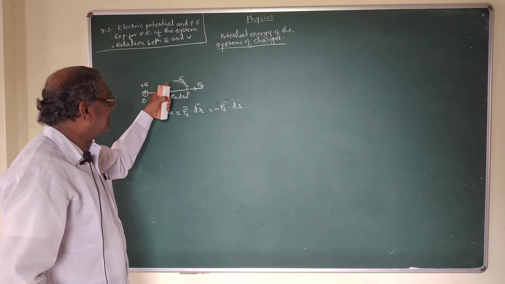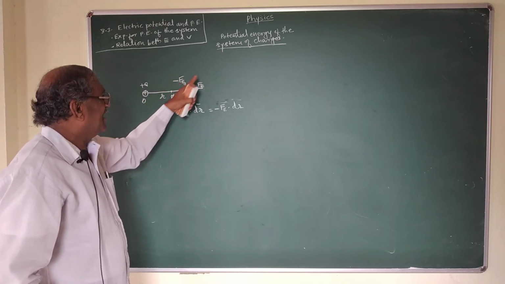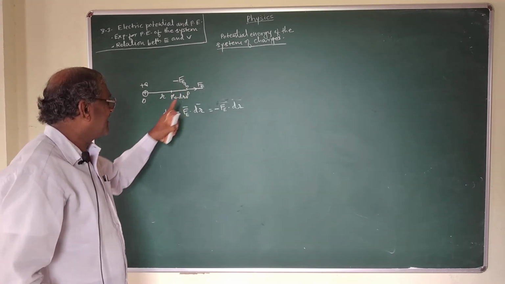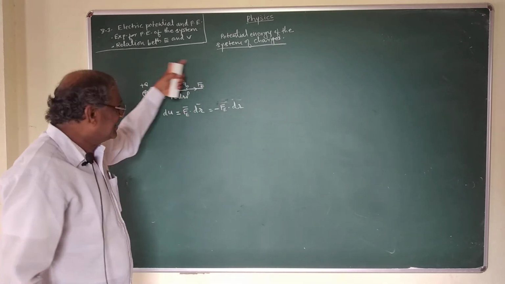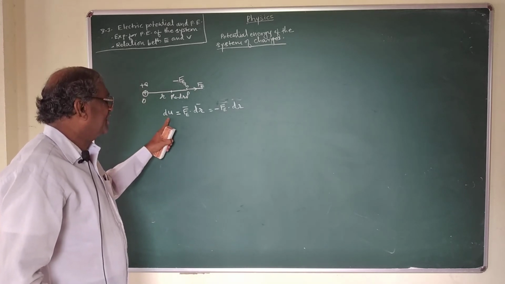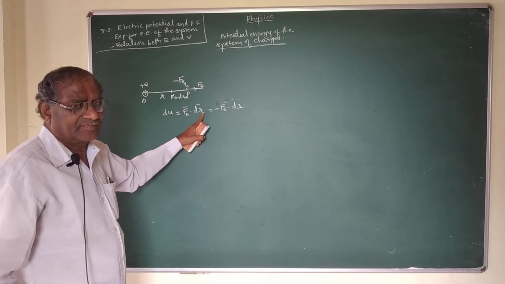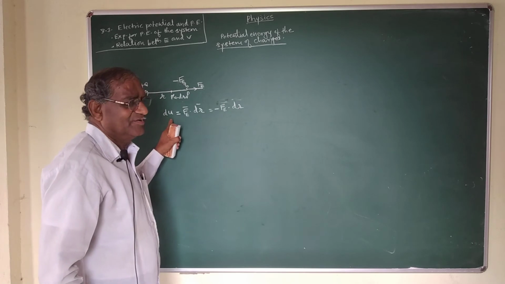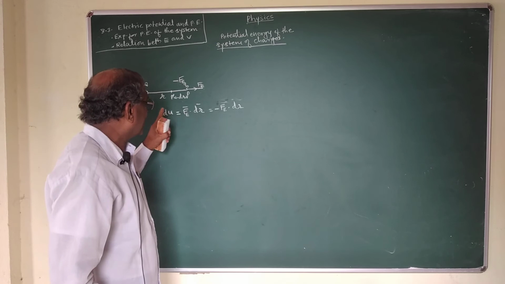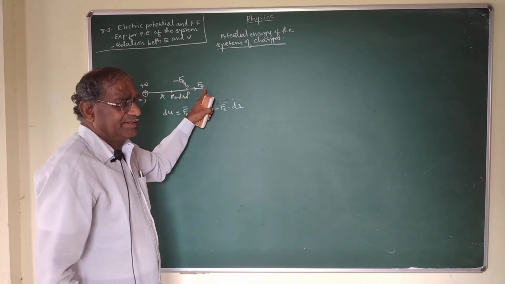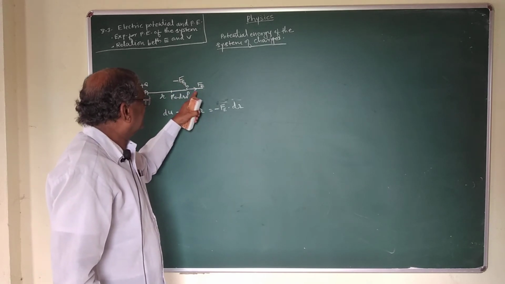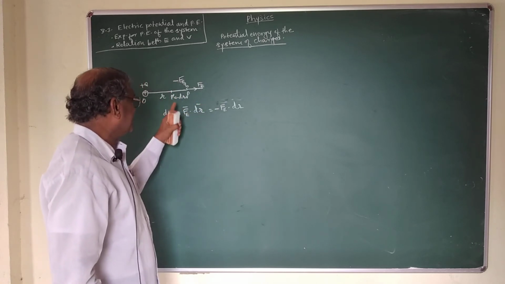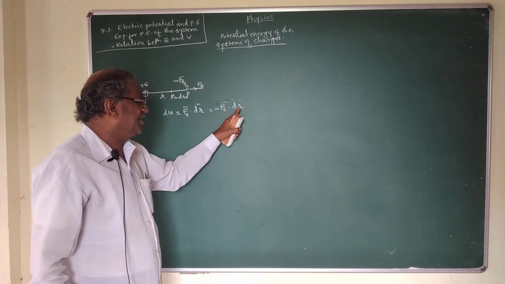This work done by this external agent, by this applied external force against this force of repulsion in moving the q0 charge from P to P dash through a very small distance dr, is a measure of increasing potential energy of the system and is given by dU is equal to Fa dot dr. But this is the applied force, minus F, into dr. So the work done against the electrostatic force in bringing the q0 charge from one point to another point is a measure of increasing potential energy of the system and is given by dU is equal to minus F dot dr.